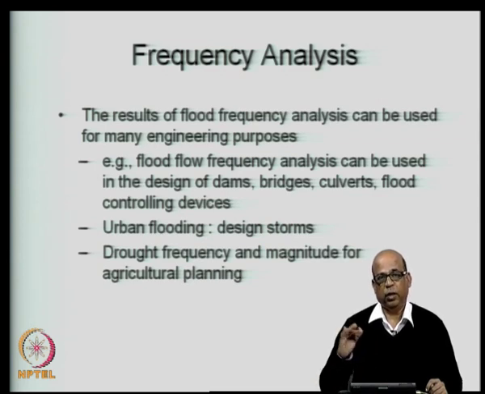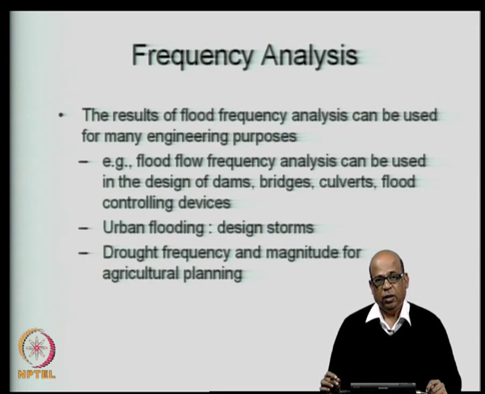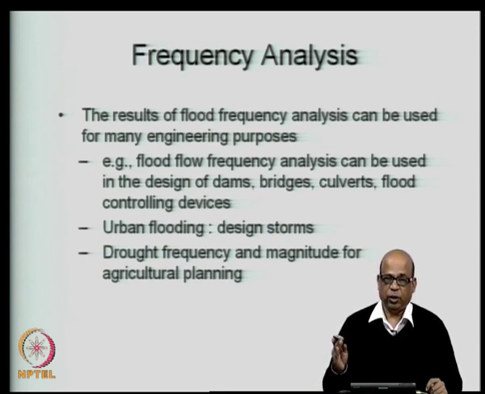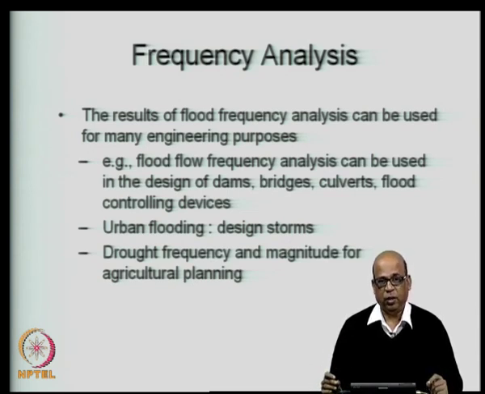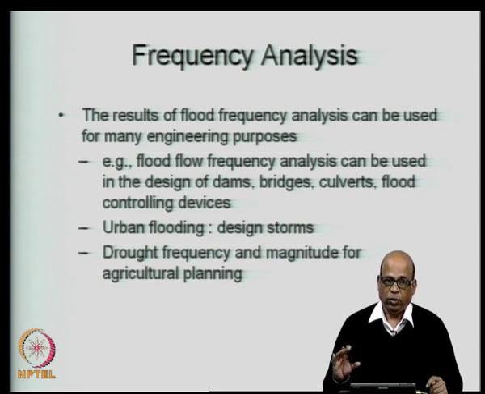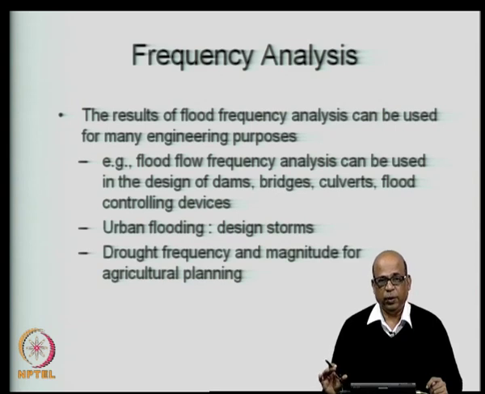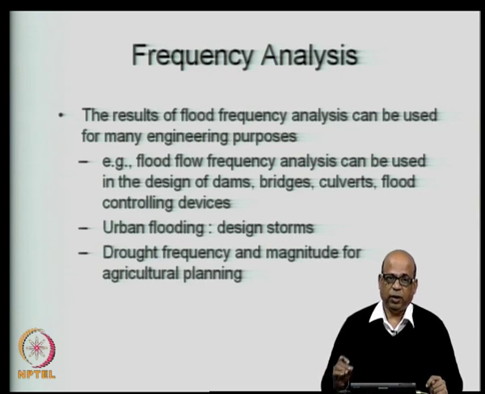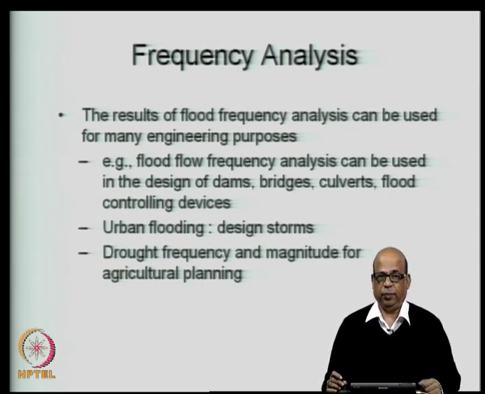That means you want to build a spillway capacity which can pass the discharge corresponding to a flood which returns once in about 100 years or once in about 200 years and so on. So, right at the design stage, you will make a decision on the type of flood discharge that you would like to pass through this particular spillway, and that discharge corresponds to your design decision of the return period.